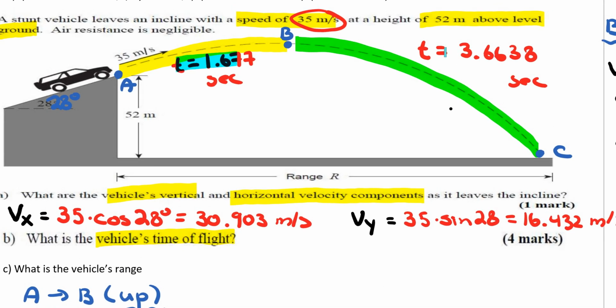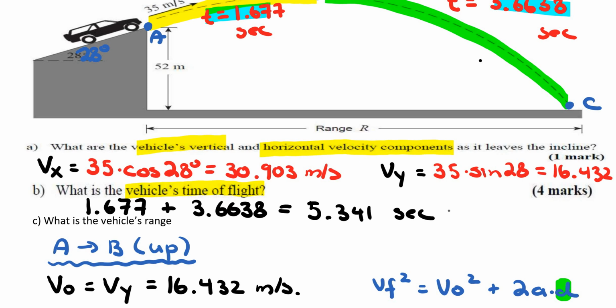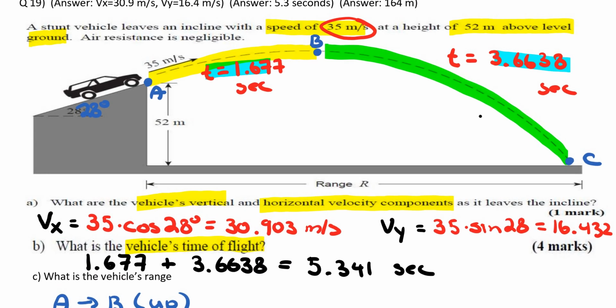So we're simply adding these two numbers together, all the way from A to C, right? So the vehicle's time of flight is going to be 1.677 plus the 3.6638, and that gives me roughly 5.341 seconds. Right, so that is the vehicle's time of flight right there.